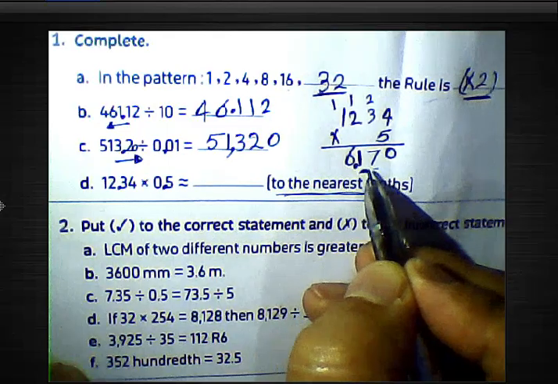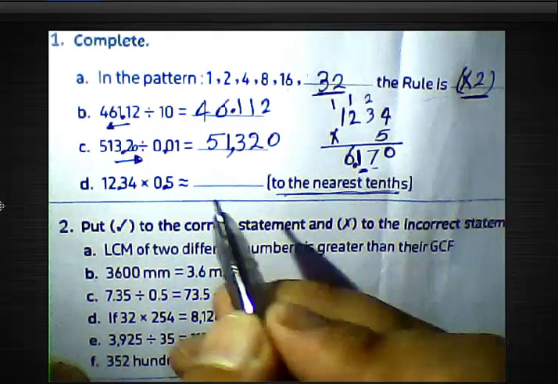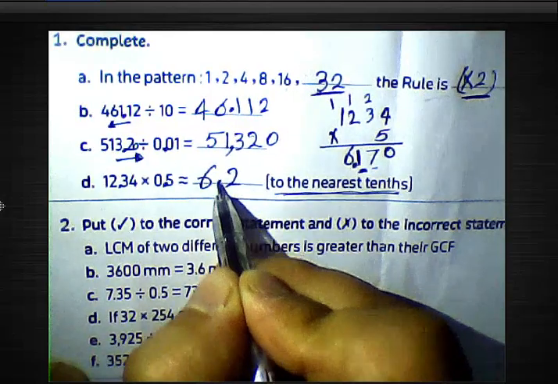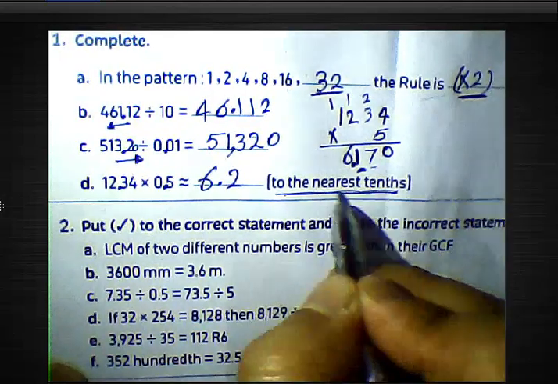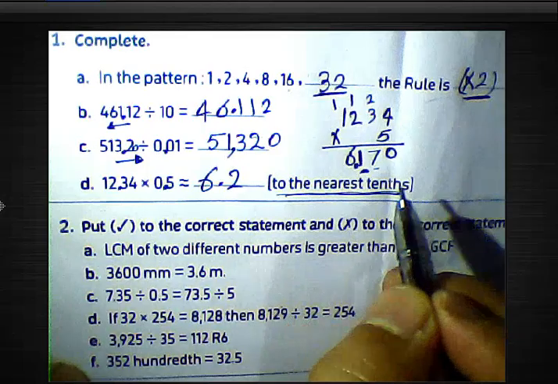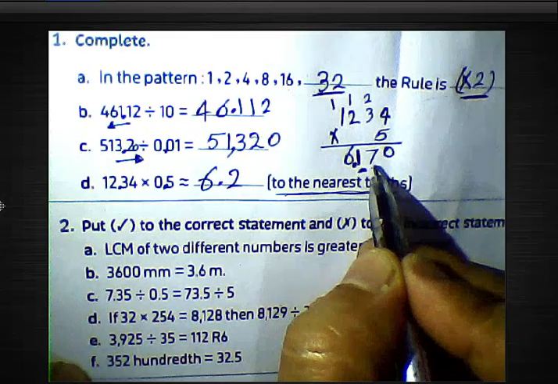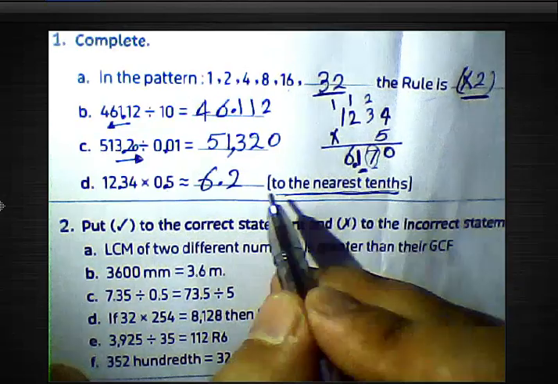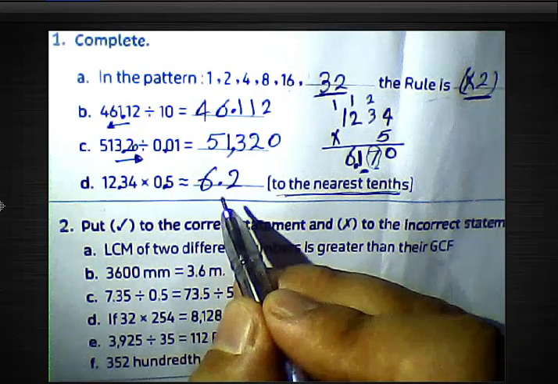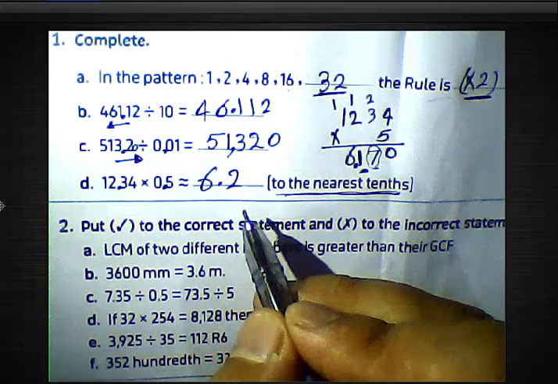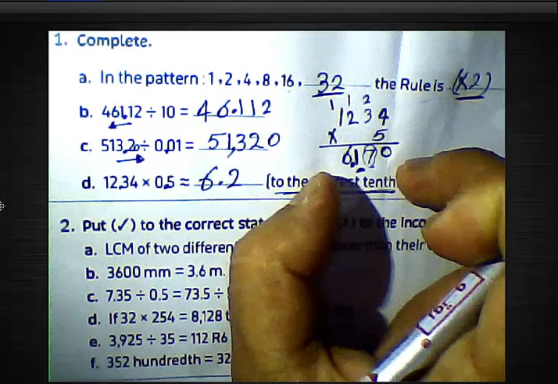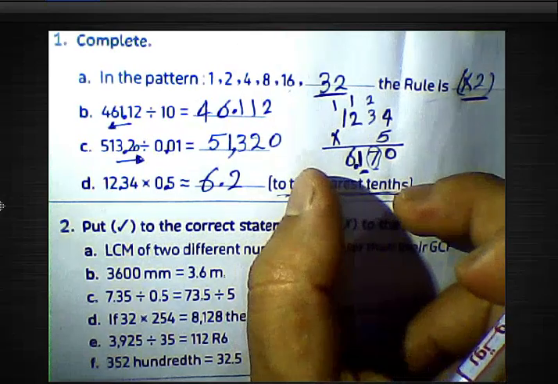So 6.170 thousandths is nearest to 6 and 2 tenths, because you want to find approximating to the nearest tenths. Look at 1 here, 7. Give 1 or not? 7 gives 1 to 1. So we can write it here 2. So the result is 6.2.